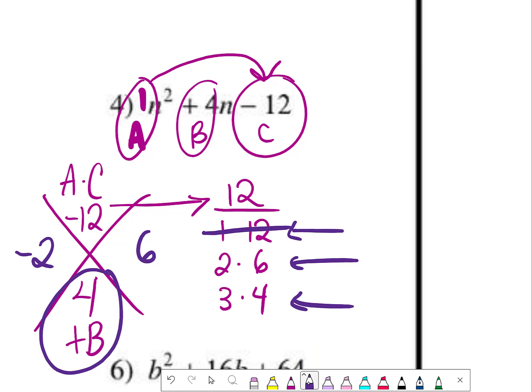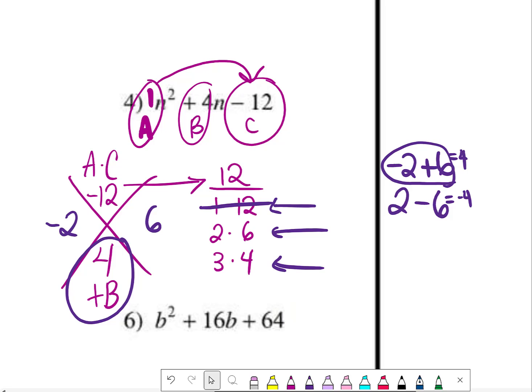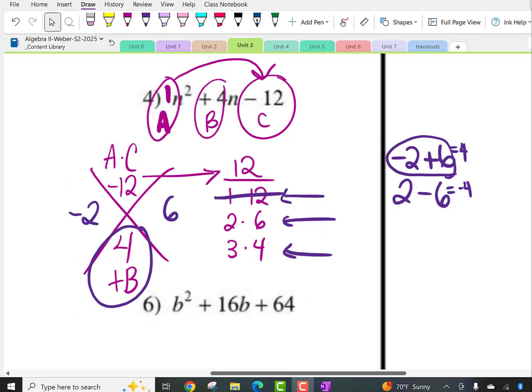Okay, and you can always check on the side. You could do negative 6 plus 2, or what happens if we make the 6 negative? This one would be positive 4, that would be negative 4, and we want positive, so it's going to have to be these. And then again, that's your answer. So we're going to do 2 sets of parentheses. So all we have to do is write our answer.